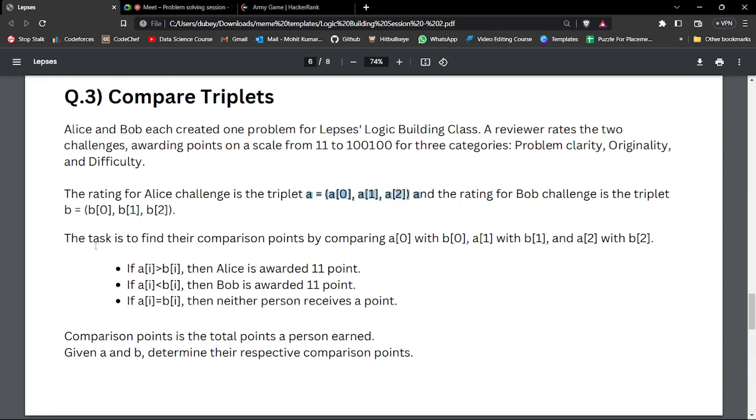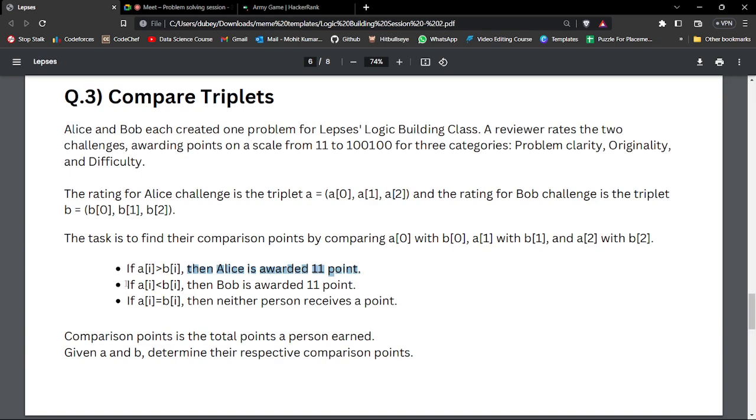Right. The task is to find their comparison points by comparing A0 with B0, A1 with B1, and A2 with B2. So the condition says that if A[i] is greater than B[i], then Alice is awarded 1 point.